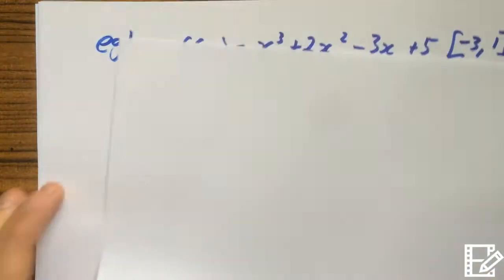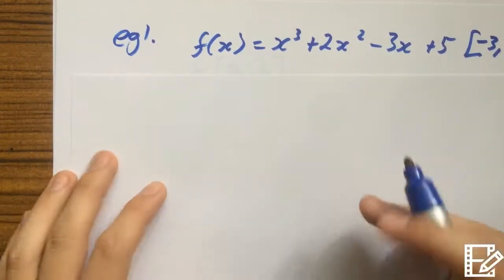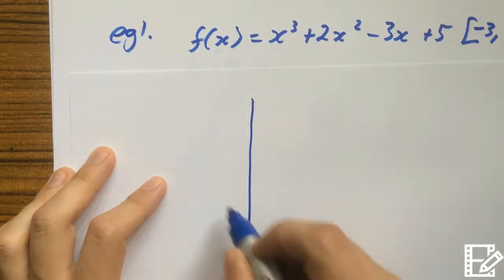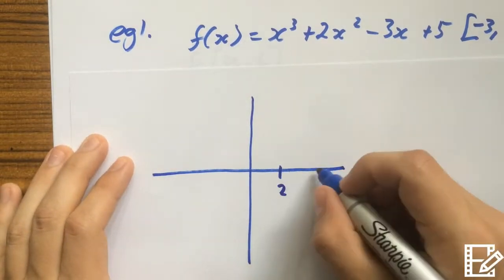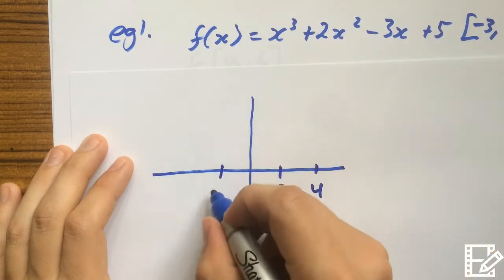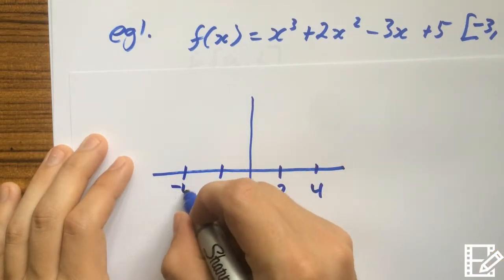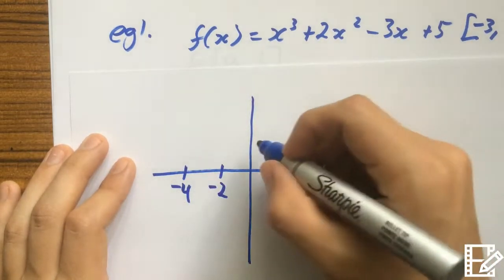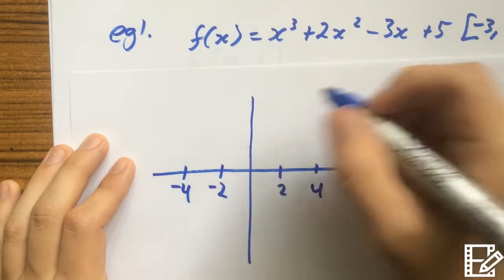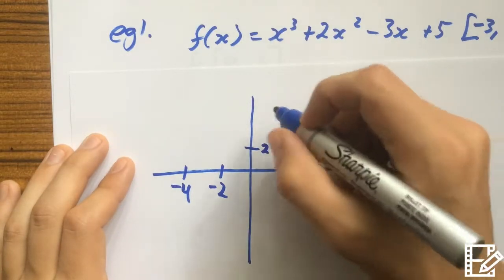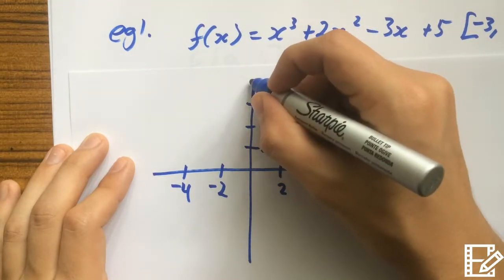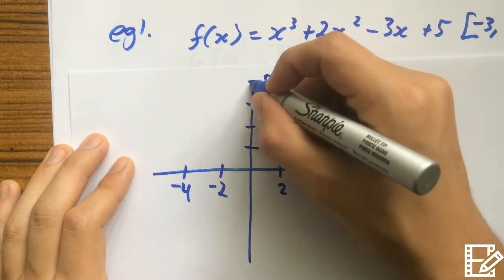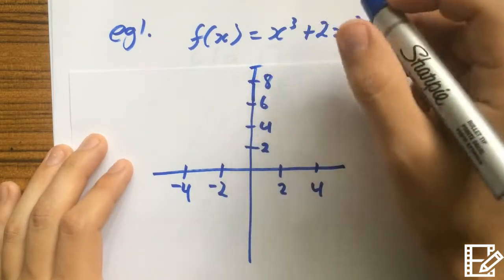Okay, and this here will look something like a function. This will be 2, 4, -2, -4. Or we'll have to go 2, 4, 6, 8, and it goes on a bit.